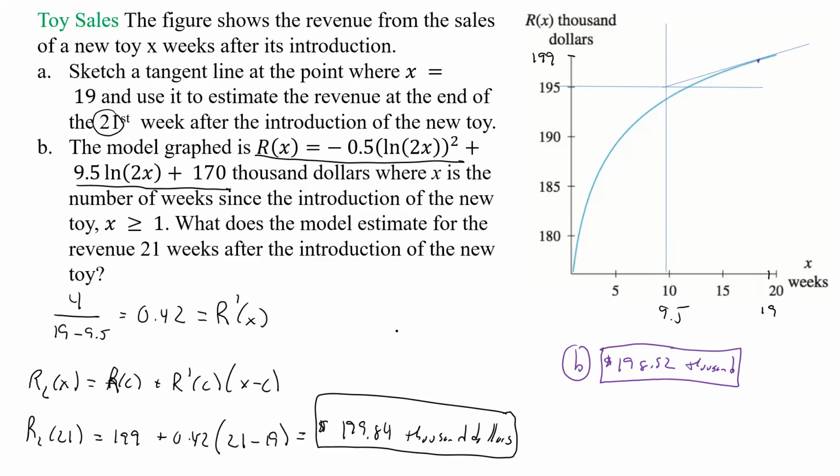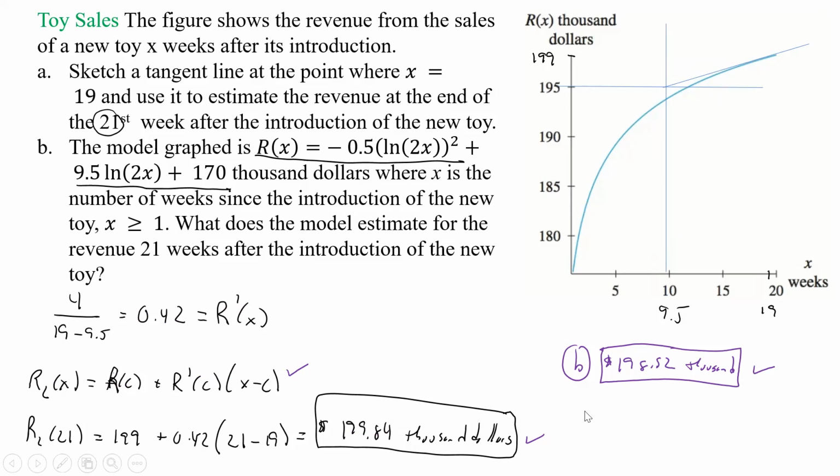So that is the actual value using the equation at that point, and this is the value we calculated when we linearized the curve at those points, where we found 0.42 for our derivative, and plugged in our 19 and our 21, and got 199.84.